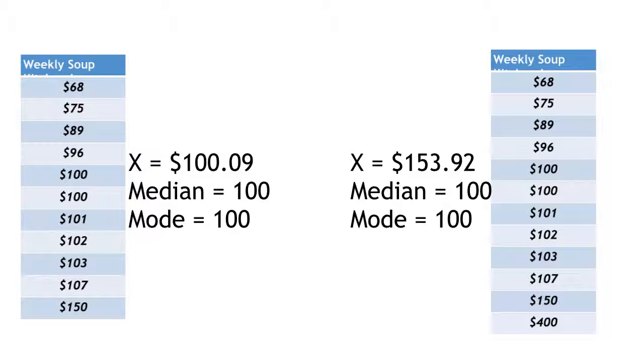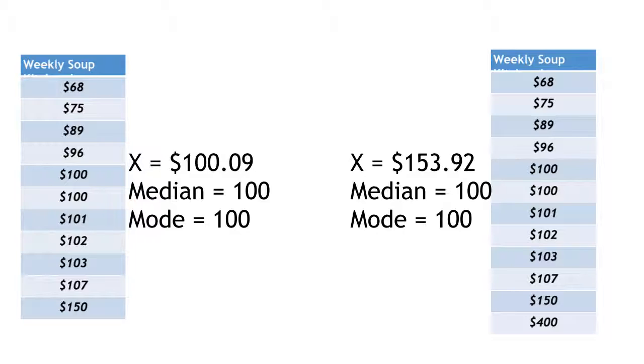All of a sudden, the mean looks like it's $153.92. And that mean is suddenly more than anyone else. Only one person in that group makes at least that much each week. So you can see that's one of the problems with the mean.